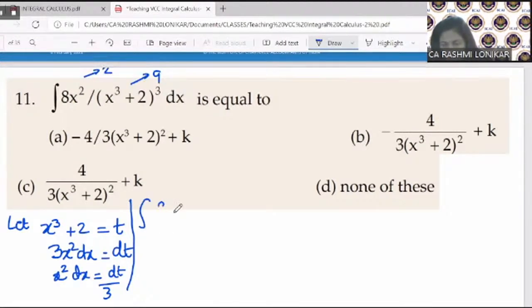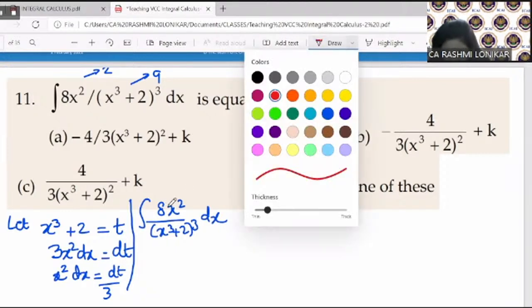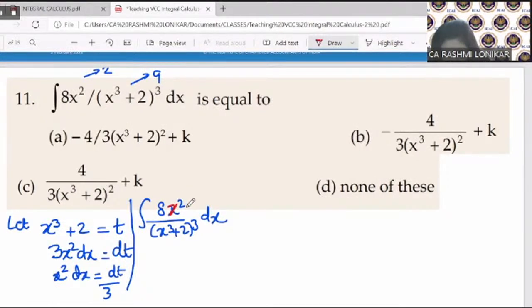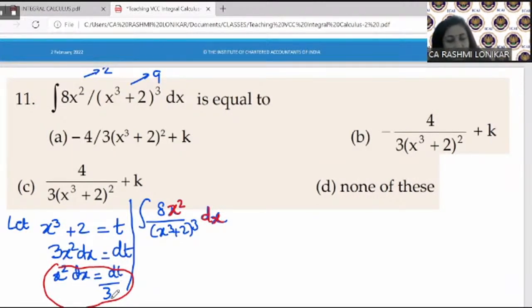Integral of 8x square upon x cube plus 2 whole cube dx. Now here, you can see I already have x square dx. Okay. So here I can use this. For x square dx, I can write dt by 3.